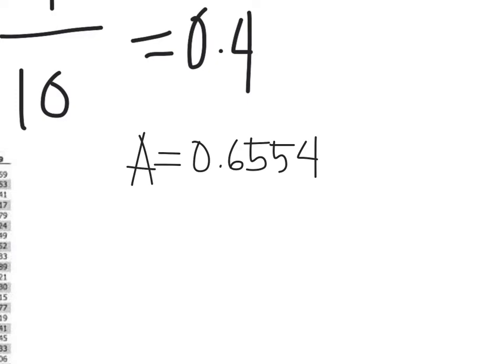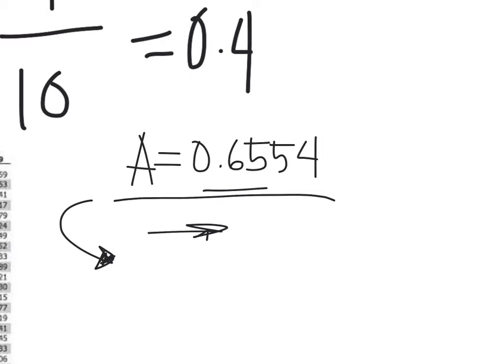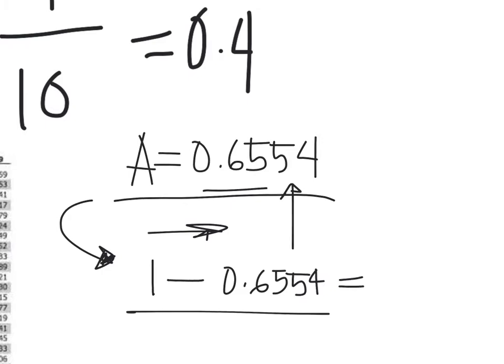Now from here, you have to take note that the probability that we want is that the randomly selected student has a height higher than 164, because it says taller than 164. Now since this is the area to the left, and we want to consider the height taller than 164, then we have to find the area to the right of the z-score 0.4, and that is simply by subtracting 0.6554 from 1 to get the area to the right.